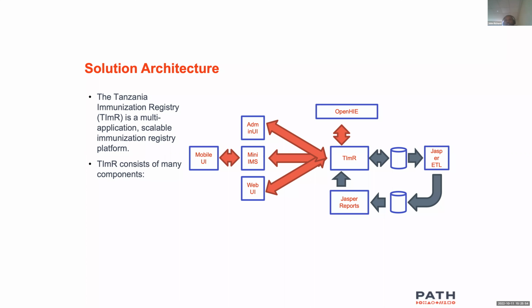This denormalization is done using the ETL process. And then we have the mobile user interface, which is used by healthcare workers. It works offline and online. And then we also have a web user interface, and then the DIVO user interface used by the DIVOs. Next slide, please.